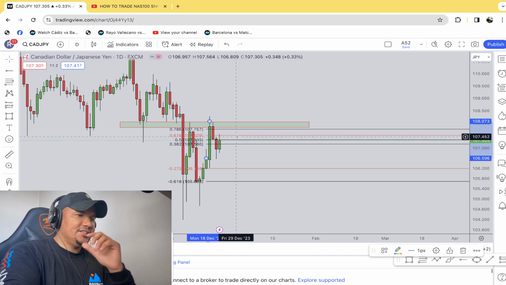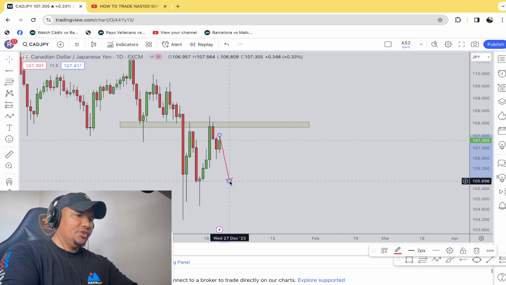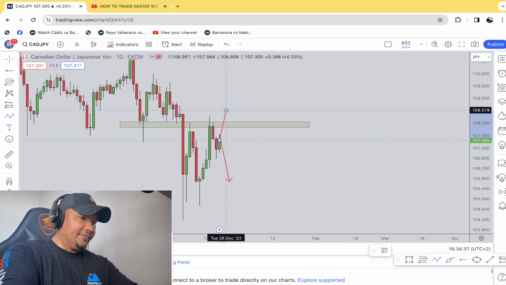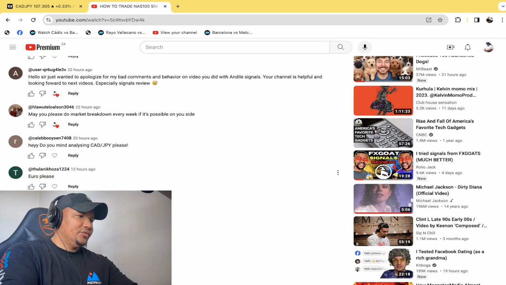Here we got a 61.8 Fibonacci pullback, so this is probably more likely where I would see this market continue going. Alternatively, if we do get a daily close above the structure, then we can definitely look for moves there to the upside.